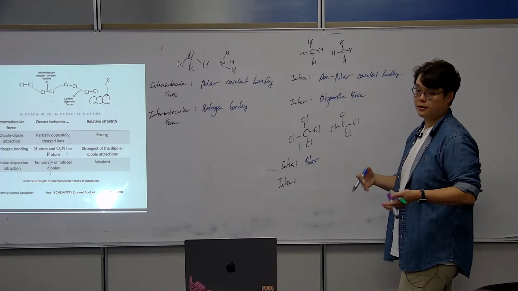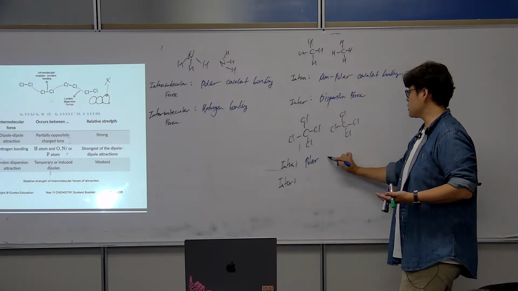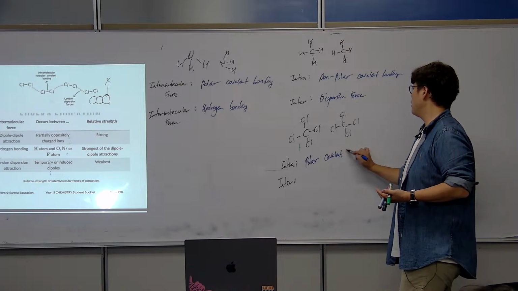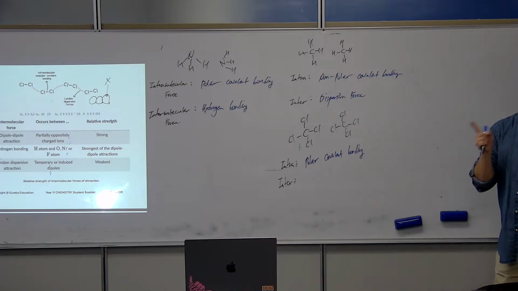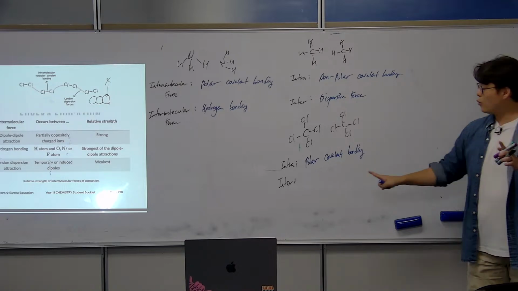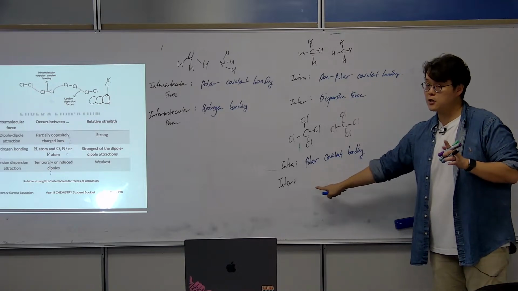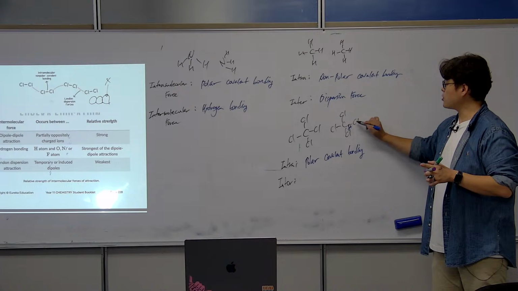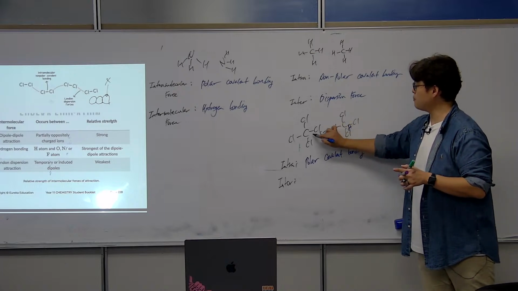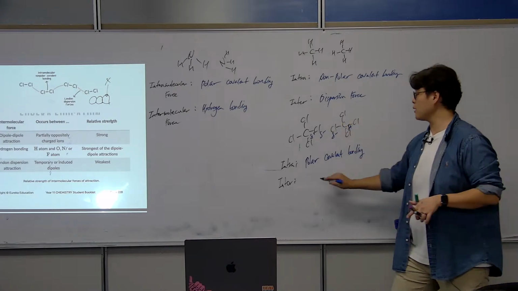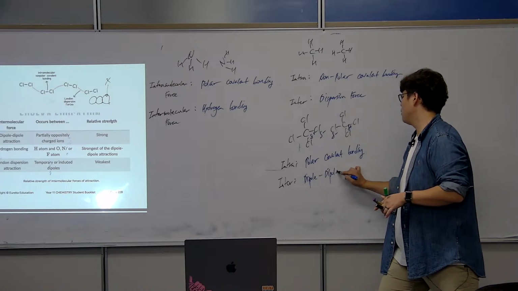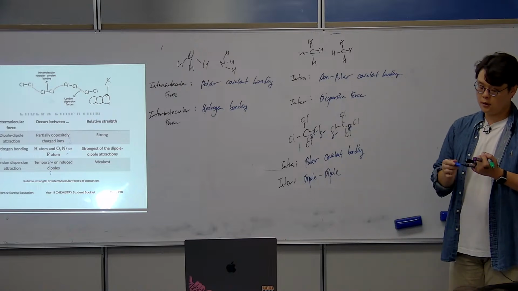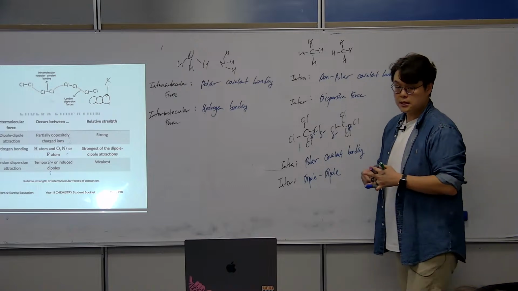Polar covalent bonding. Very good. Again, they're still sharing the electrons. What about inter? If it's polar, this would be partially positive, partially negative. This would then more likely be dipole-dipole interactions. Does it make sense? Okay.